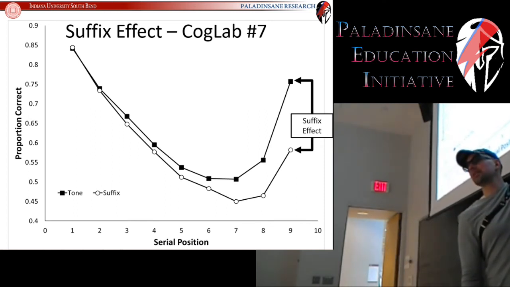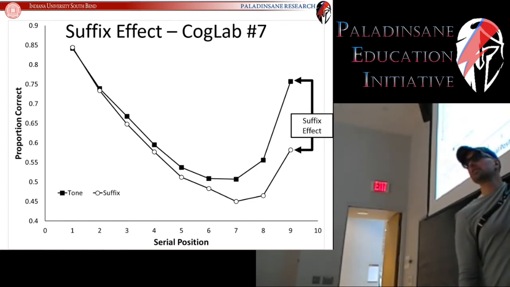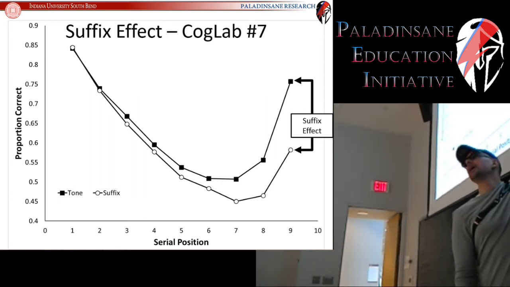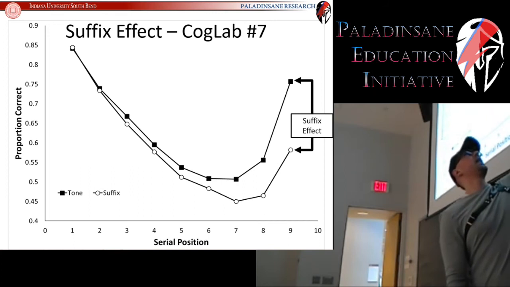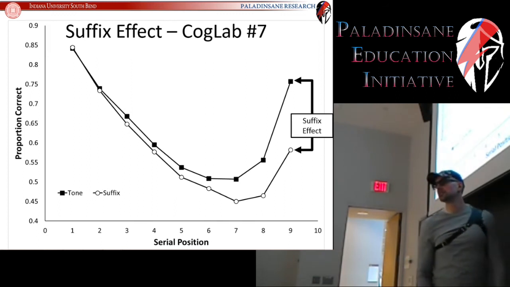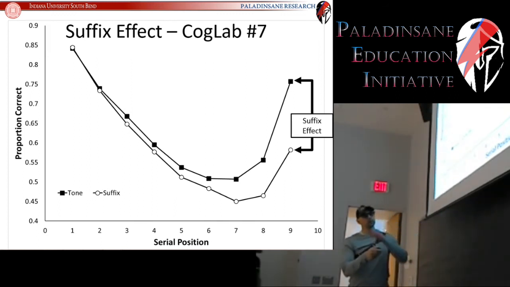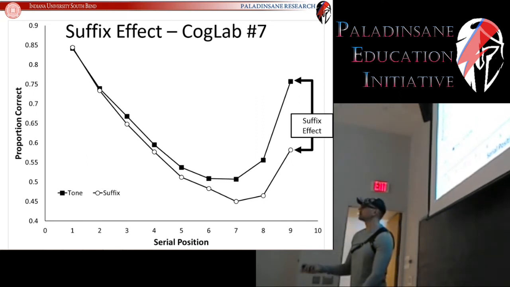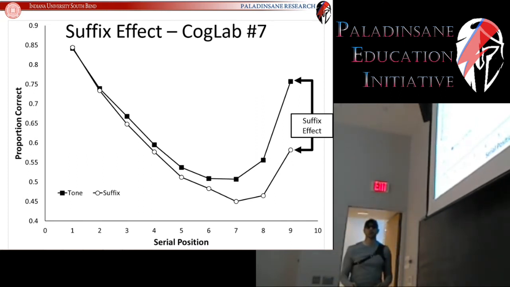You came to the end of the list and you had that number in that final slot. And then you heard the 0. And even though you knew you weren't supposed to remember the 0, it popped into your memory. It pushed its way in, pushing this last number, which should be up there, down to the second last slot. So it's very strong evidence that that's what's happening. The fact that these two are so close in their recall percentages.